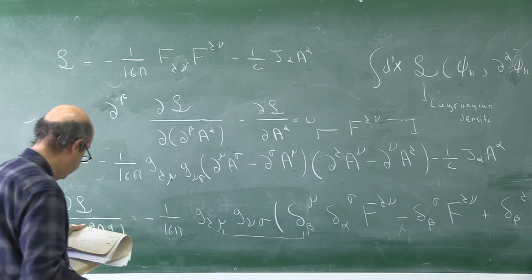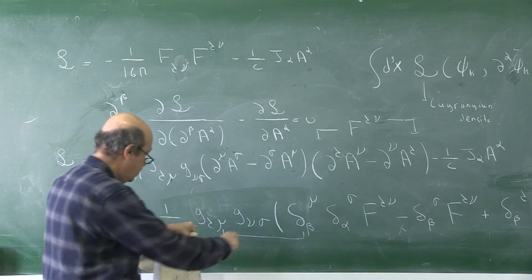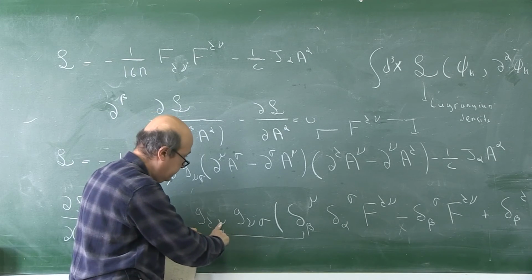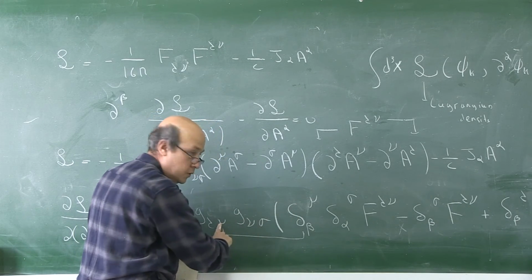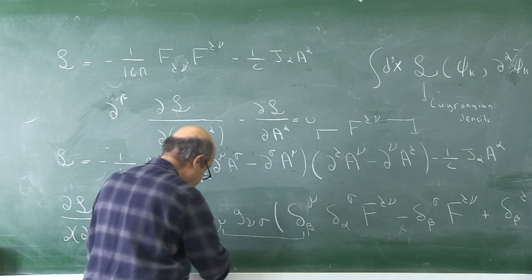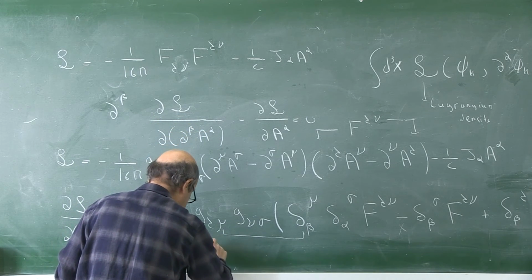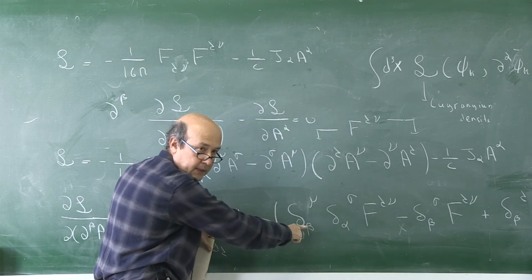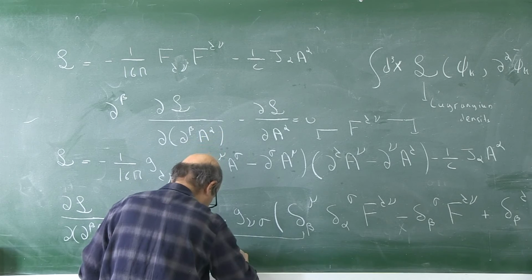What will be the leftover term? If you contract the mu and mu, what will happen to G? What will be the free index? If you contract mu and mu, tell me what will be the G? G lambda beta. Beta is the free index.